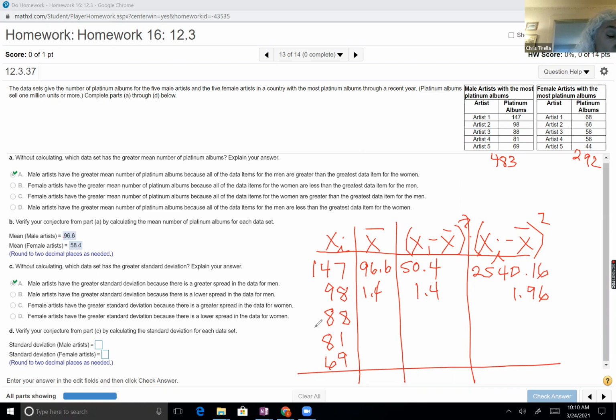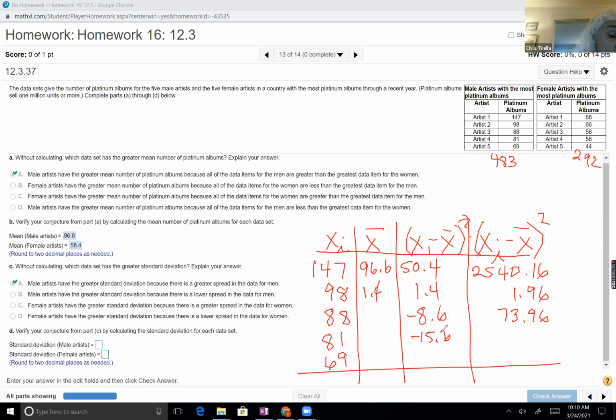Then the 88 minus the 96.6 gives me negative 8.6. Remember, when you square it, you should get a positive. When I square it, I get 73.96. Then I'm going to take the 81 minus the 96.6, which gives me negative 15.6.